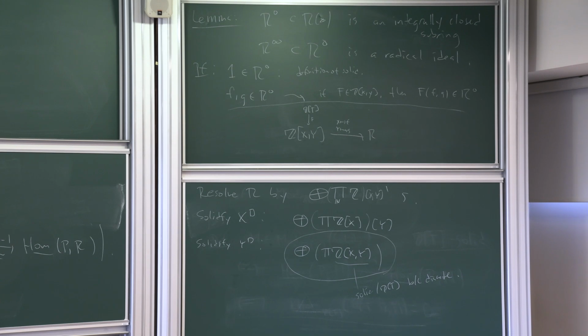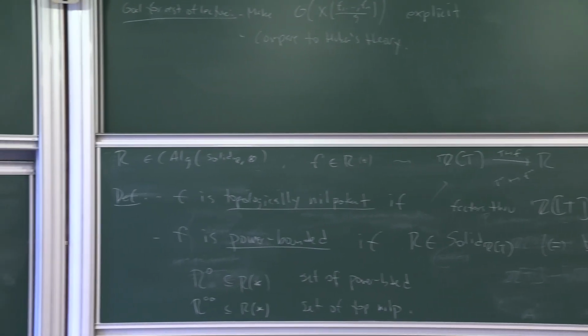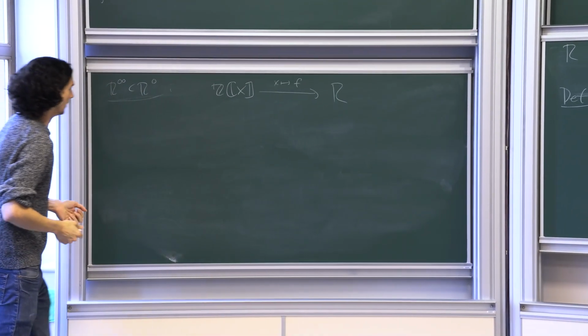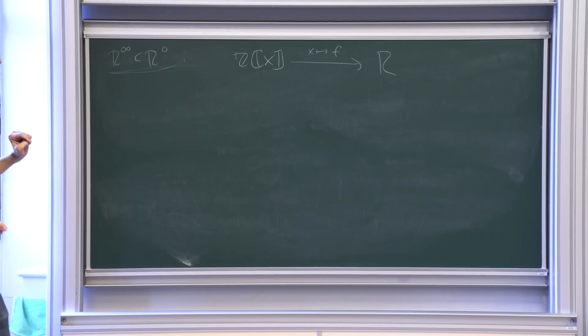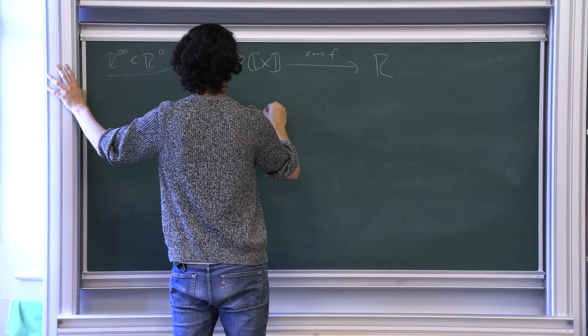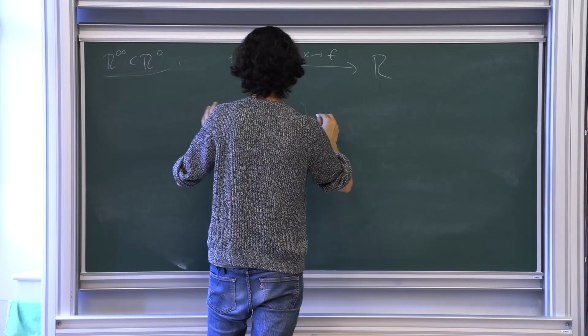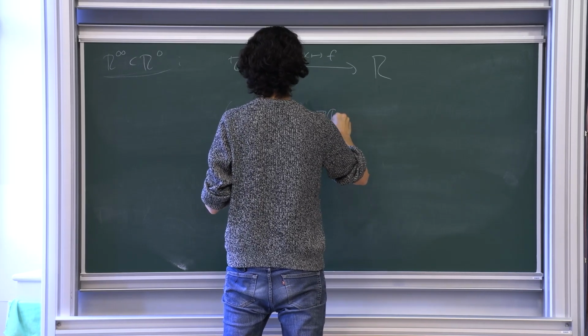Right. Now, how about showing that the topologically nilpotent elements are all power bounded? You can use a very similar argument. What we have is a map from Z power series in x to R, which sends x to f, which means that R becomes a Z[[x]] module. Now if we resolve R by direct sums of products of copies of Z, we're allowed to tensor this with Z[[T]].